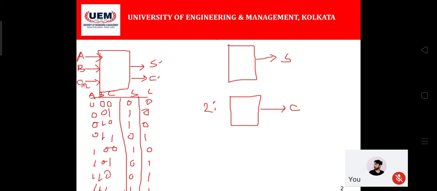So let's say this is a block of circuit. A person viewing the circuit doesn't know what is inside this particular box I have drawn. At the input of the box, there are three values going in: A, B, and C in, and at the output we are getting sum and carry.